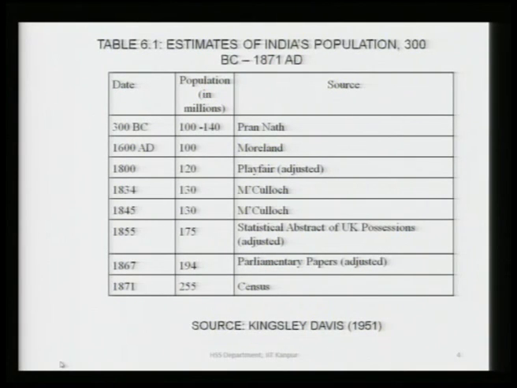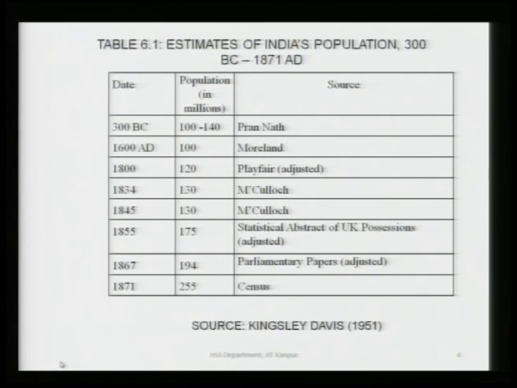In 1802, we had only 120 million. 1834, another demographer has given an estimate of 130. 1845, again 130. 1855, 175. Some statistical abstracts of UK possession have given an adjusted figure of 175 million. 1867 we had 194, and 1871 when the first population census in India is conducted, it yields an estimate of 255.